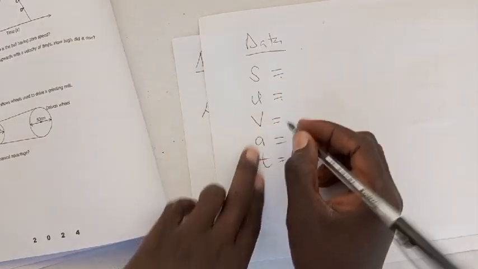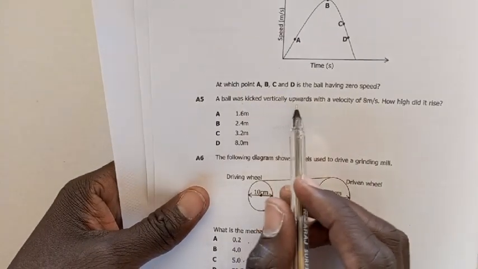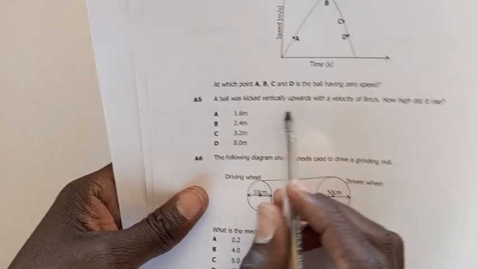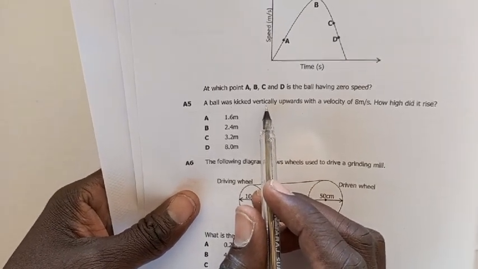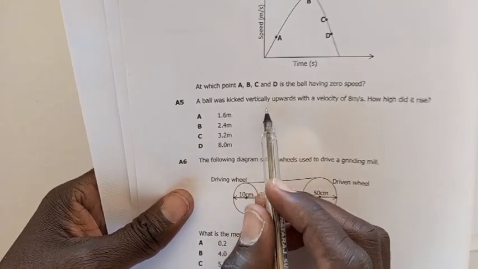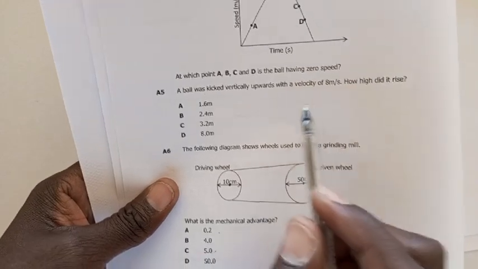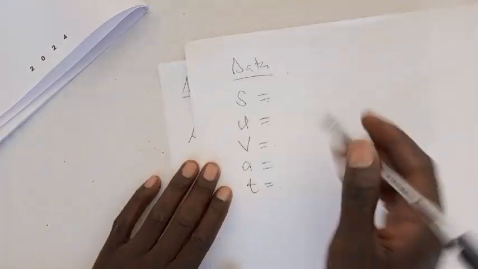But in this case, we have been told that it has to do with vertical movement. So if it is distance, then it is the height. And for acceleration, we're going to use the gravitational field strength or acceleration due to gravity.